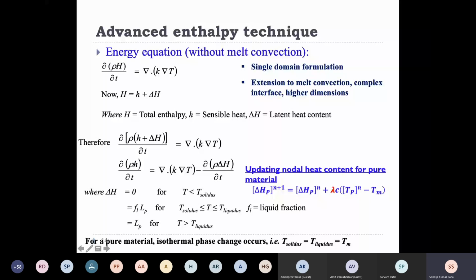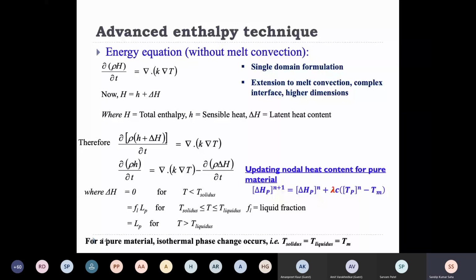Then you will see that delta H can actually be written in terms of delta H at the old time step with this value. Here lambda denotes, please note, the relaxation factor, because now you are solving the equation implicitly, not explicitly as we were doing earlier.